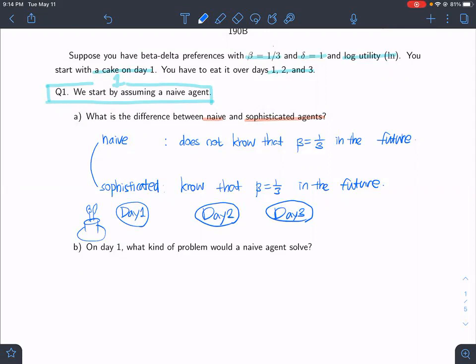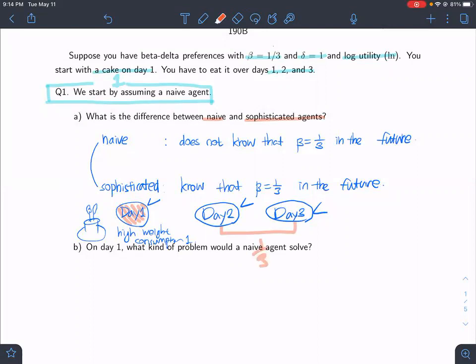At day 1, you put a high weight on consumption at day 1. If I'm thinking of benefits between eating today and saving for later, I put higher weight at day 1. And then I discount the future value of the cakes by 1/3.